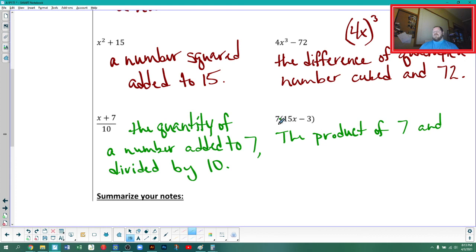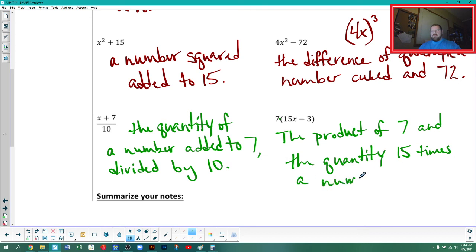now I want to call in these parentheses, because if I just say 15 times a number minus 3, that could have the same effect of we don't know that those parentheses are involved. So I'm going to say the quantity 15 times a number added to, oh wow, or not.